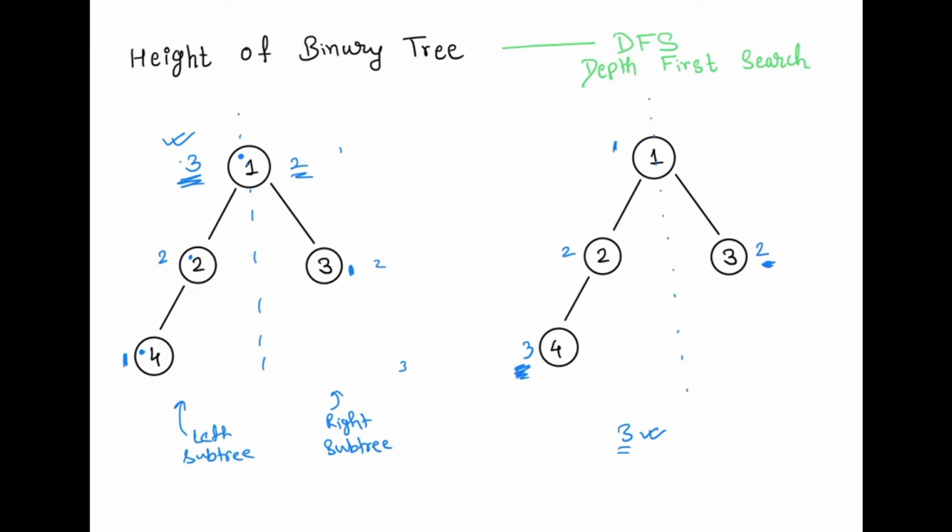So again, to recap, we have two approaches. One is to hit the leaf first, and as we start getting out of the recursion calls, as we start getting back up, we count it up from bottom to top. And the other way is to, as we start the depth first search, keep counting the depth all the way along and return the max of the depths of all the leaves that we traversed using the depth first search.